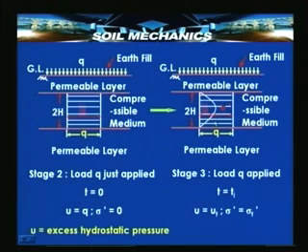but as we go deeper into the layer, either from the top or from the bottom, that is, from the draining layers, if we go inside towards the center of the compressible medium, we find that since water has to travel from the center up to this pervious medium, either this way or this way, the excess hydrostatic pressure would not get dissipated immediately as it happens at the two ends.